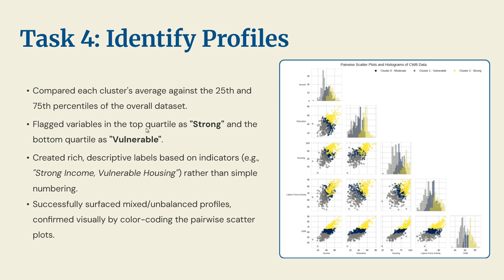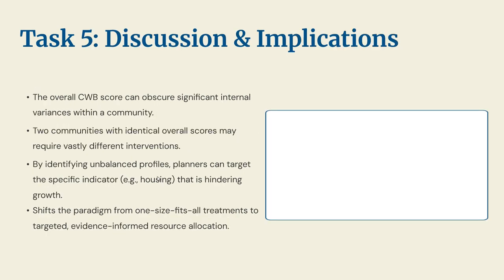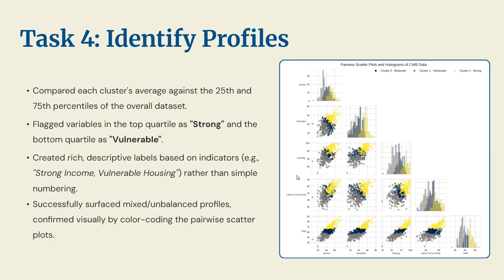But I flagged the variables as strong or vulnerable and gave a label column as well so that that could be pulled whole part for analysis later. And I've produced this color-coded graph with the 3 profiles, with one mixed, one above average, and one below average on the community well-being index.